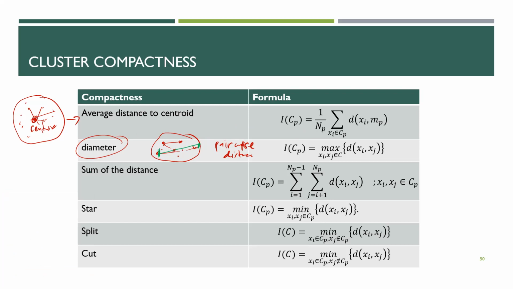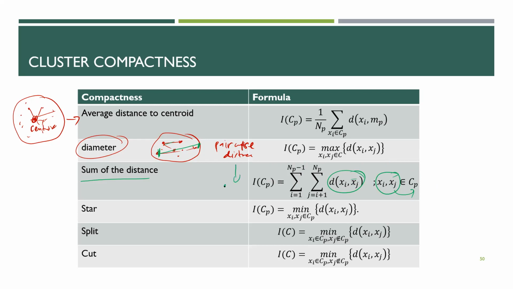Then we have the sum of distance, within a cluster. Again, this is the pairwise distance between each two data points in the same cluster, but here we sum all of them.